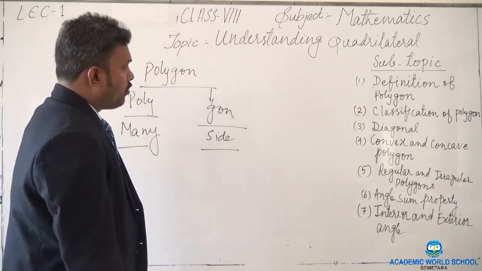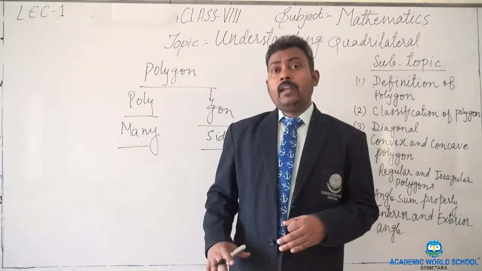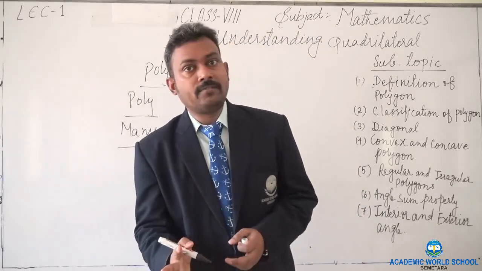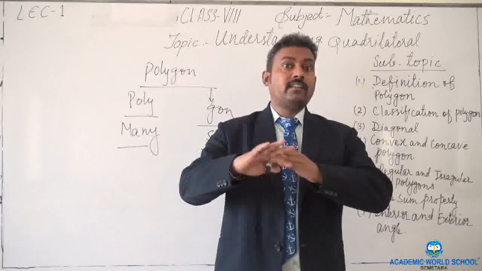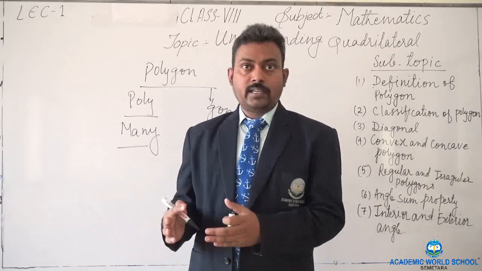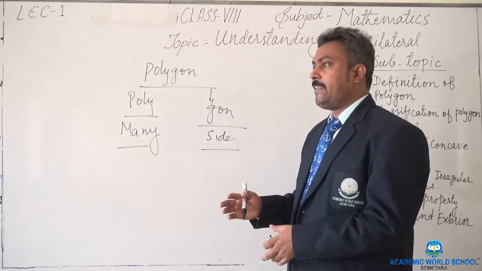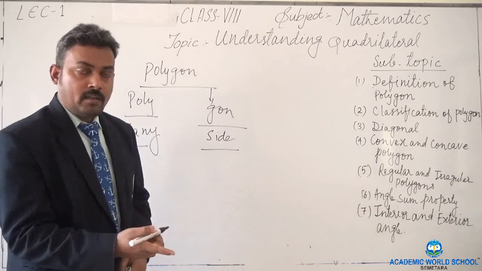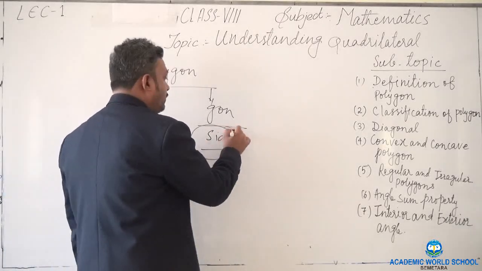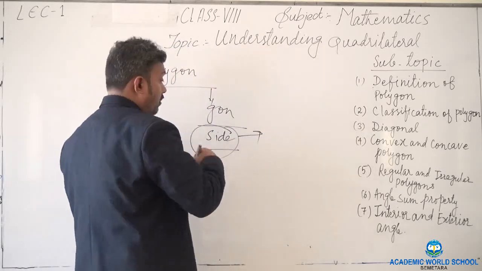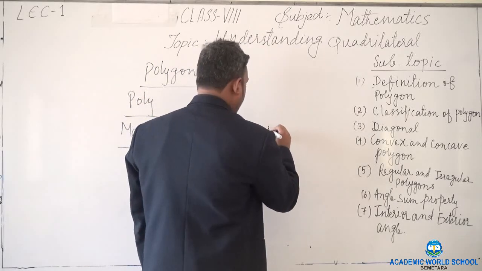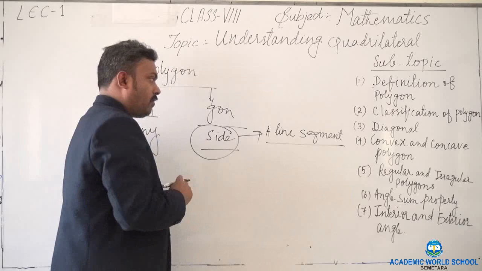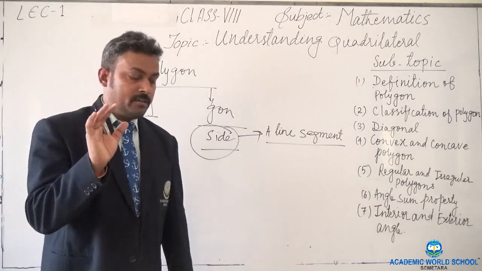So here, when a closed curve, now we have studied about curves. There are two types of curves. One is the open curve, another is the closed curve. So a closed curve has many sides. Okay, we are talking about sides. Side means a line segment.